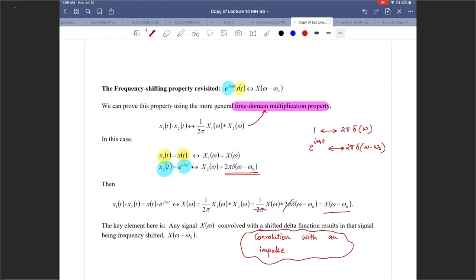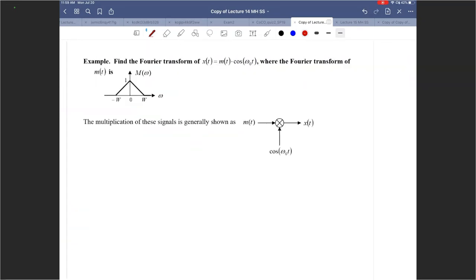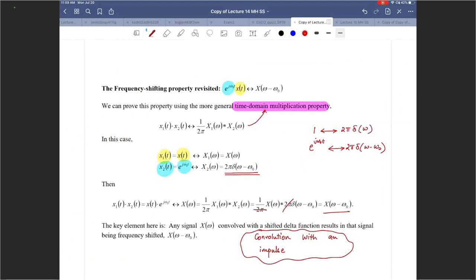It happens to be soon before we start talking about communication systems. So why do you think we are talking about this right now? Soon before we start talking about communication systems, we are talking about a frequency shifting property. And the reason is this.